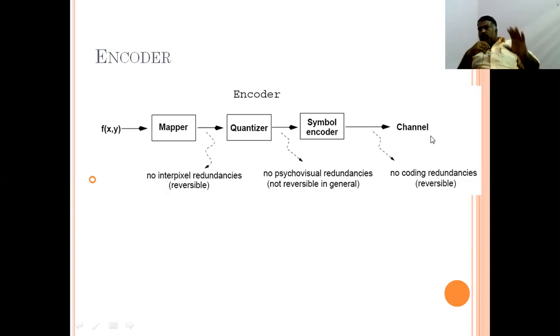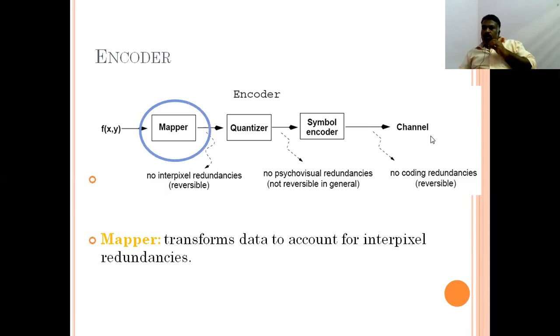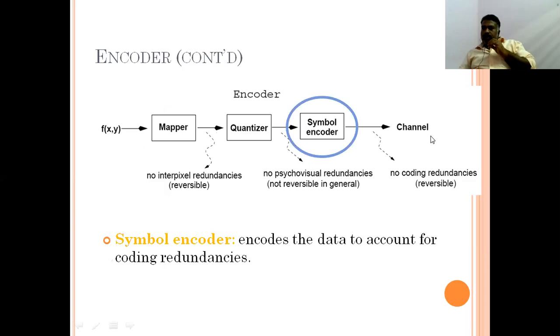If we ensure there is no psycho-visual redundancy, then it moves to the next part, the symbol encoder. The coding redundancy is handled by this symbol encoder. The same three steps have to be performed in a reversible, inverse manner to perform the decompression.